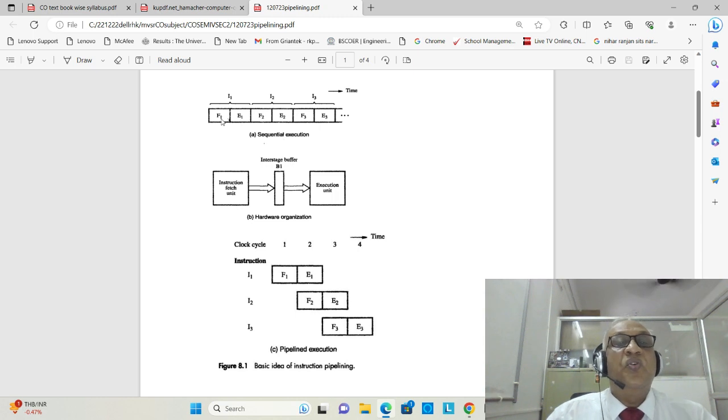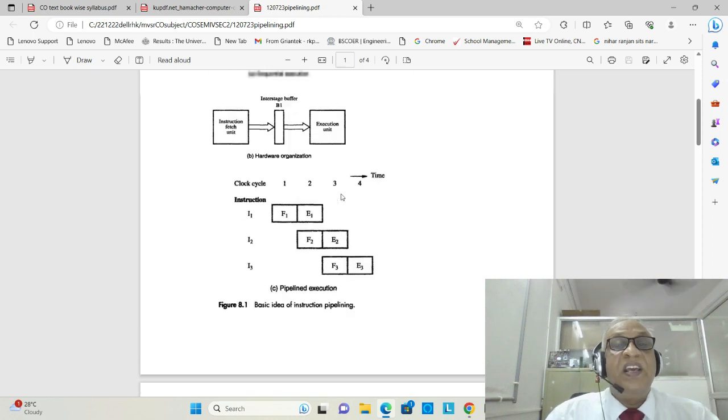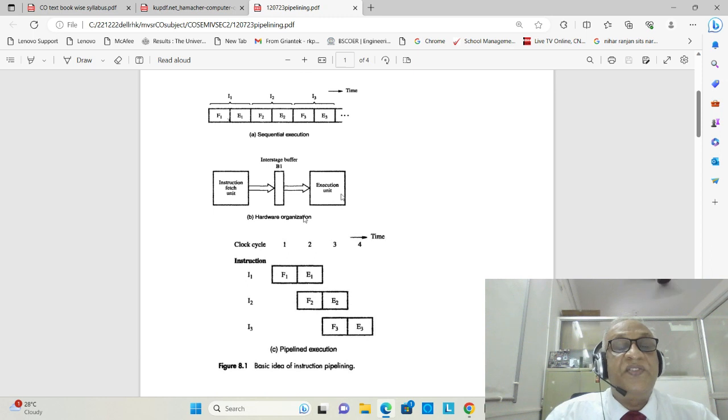Any instruction execution involves fetch and execute combinations. So fetch the instruction, execute the instruction. In a program, there may be multiple instructions, so they may be executed sequentially, like first I1 is executed, then instruction 2, then instruction 3. Now, let us say the hardware is organized in this fashion, where the instruction fetch unit and execution unit are separated.